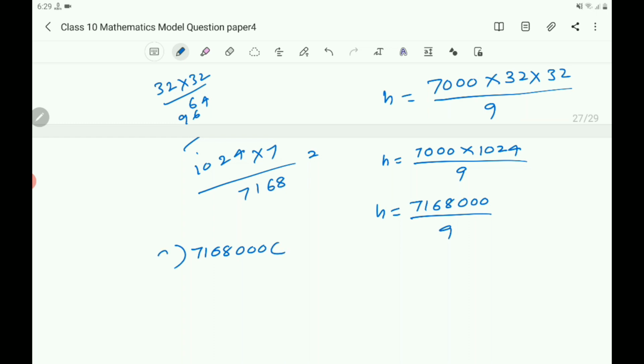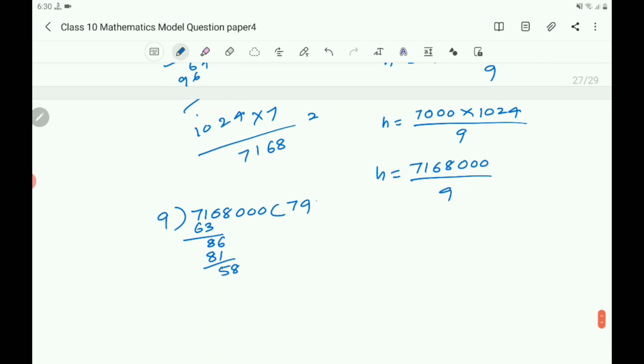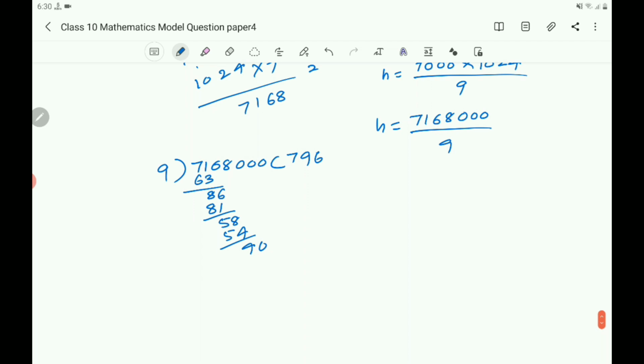Now 7168000 divided by 9. Then you will get 9 sevens are 63, that equals 8, 6. 9 nines are 81, 5 is remaining. 5 8, 9 5s are 45, 4 is remaining. 9 4s are 36.